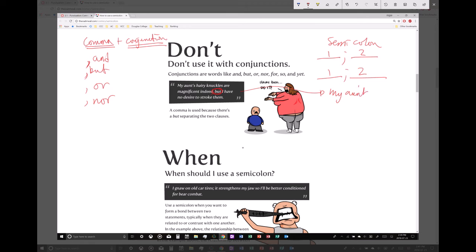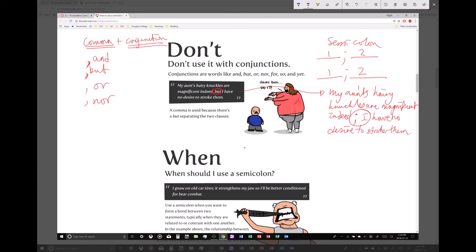My aunt's hairy knuckles are magnificent indeed; I have no desire to stroke them. Stroke is like to rub with your hand, like to pet. So notice here, if you just use the semicolon, there is no conjunction anymore, because that's only for commas.